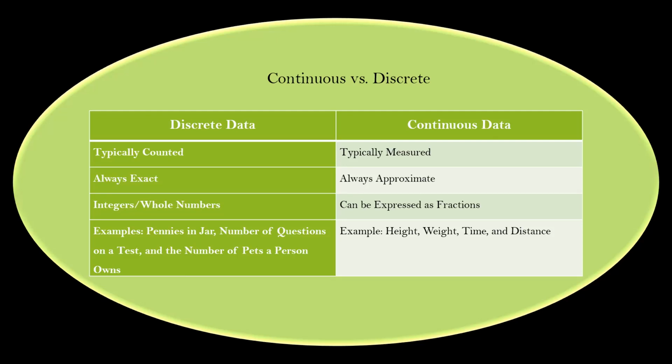You can't get any more exact. It makes no sense to say there's an infinite number of possibilities between 2 students in a class and 3 students. There's either 2 or 3. And so that's why they're always expressed as integers or whole numbers. You will never see 1.49 and have someone correctly classified as discrete data.